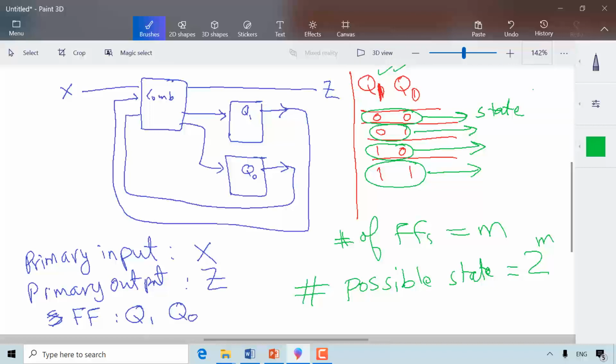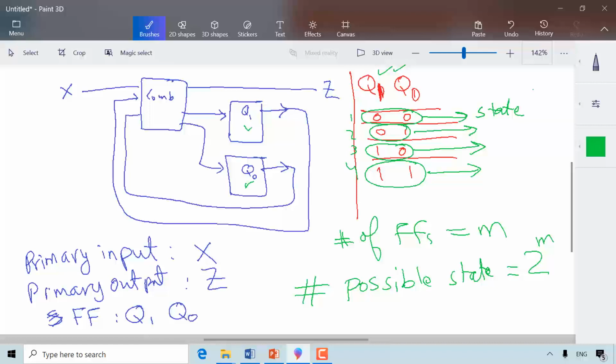How many states do I have? 1, 2, 3, 4 states. So these are the states of the circuit. Remember, we did not talk about a state in the combinational circuit. We have to talk about it in the sequential circuit because this is the reality of this circuit. It has different states based on the values of Q0 and Q1.